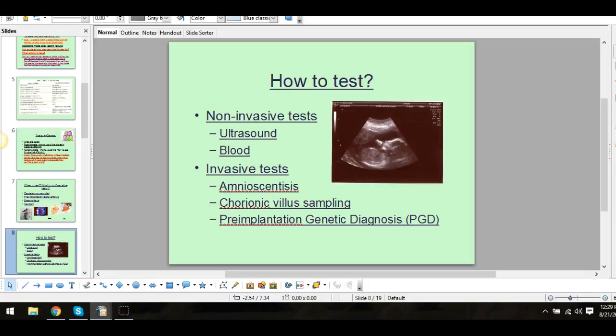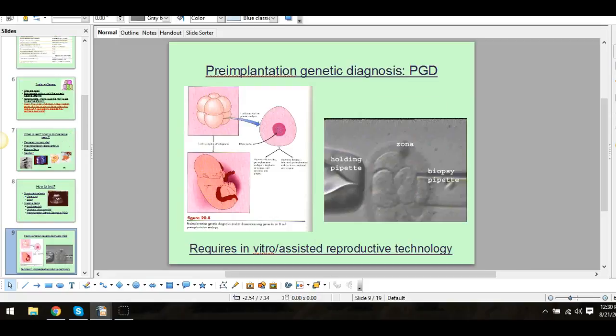How do we test? There are non-invasive tests and invasive tests. Non-invasive tests are ultrasounds and blood tests, and invasive ones are amniocentesis, chorionic villus sampling, and pre-implantation genetic diagnosis. There is more on the last one, pre-implantation genetic diagnosis.